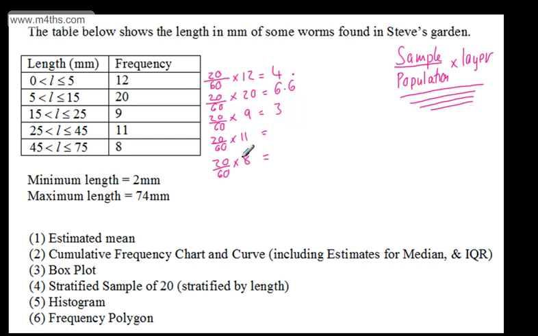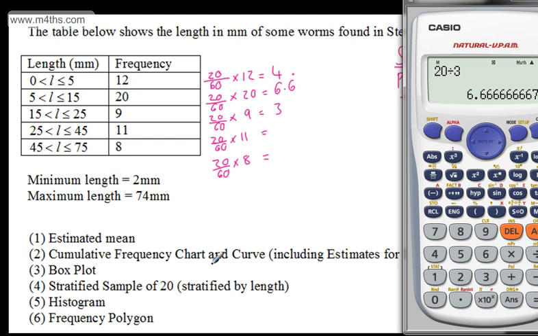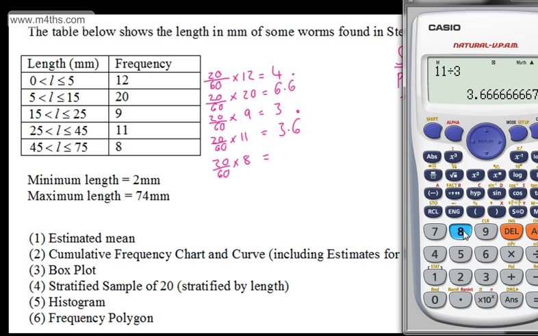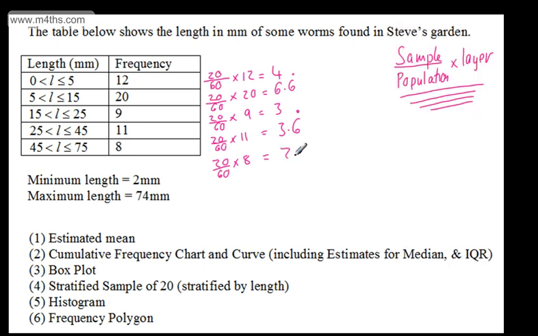This one right here, 1/3 of 11, so 11 divided by 3, that's 3.6 recurring. And then this one, 1/3 of 8, or 8 divided by 3, is going to give me 2.6 recurring.